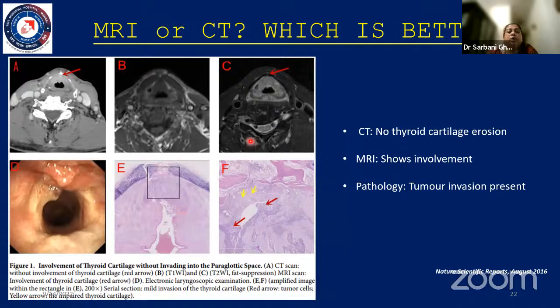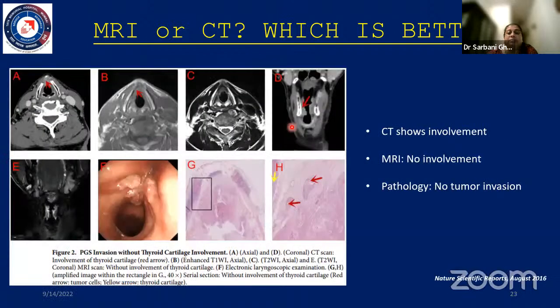Now, what we need to understand is why we prefer a particular diagnostic imaging modality. Essentially, it is to be able to identify the extent of disease, to understand which would pick up subtle involvements and which would also dictate the management in this patient.